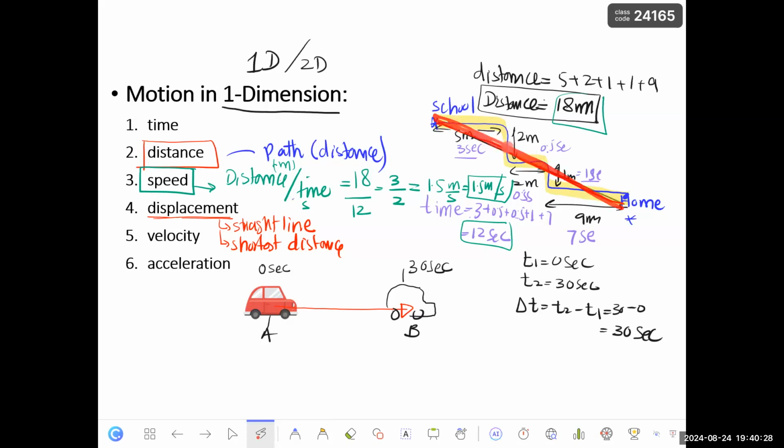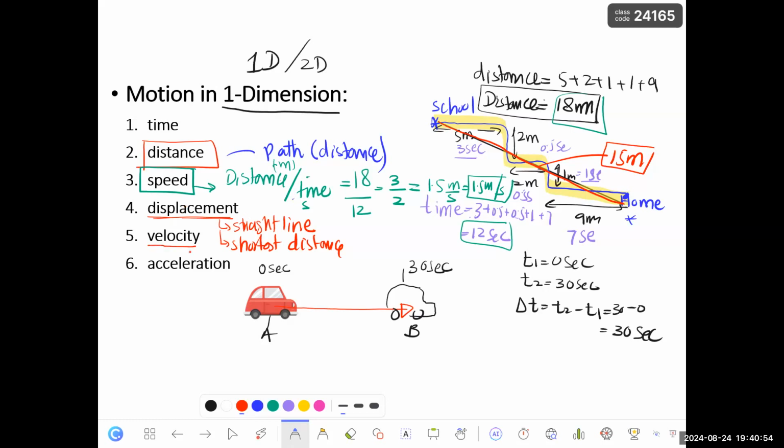Let's suppose you take a ruler and measure it. This line comes out to be something like 15, 15 meters. So that's the displacement. I'm going to write here 15 meters, and that's my displacement in a straight line.